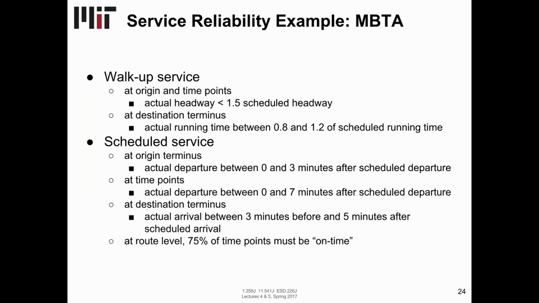So what are the actual standards and actual tolerance or thresholds that agencies consider for service reliability measures? One example is here from MBTA.